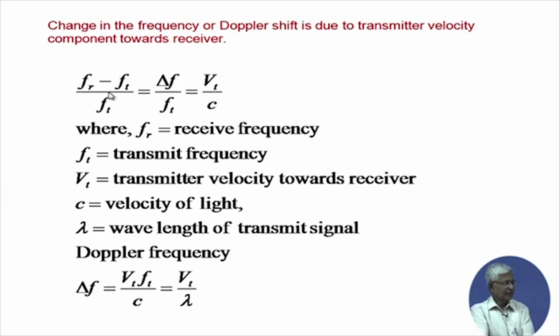The change in frequency, delta f, by the transmit frequency is the transmitter velocity towards the receiver by the velocity of light, and you can put it in terms of lambda also, that is delta f is Vt Ft by c or Vt by lambda.